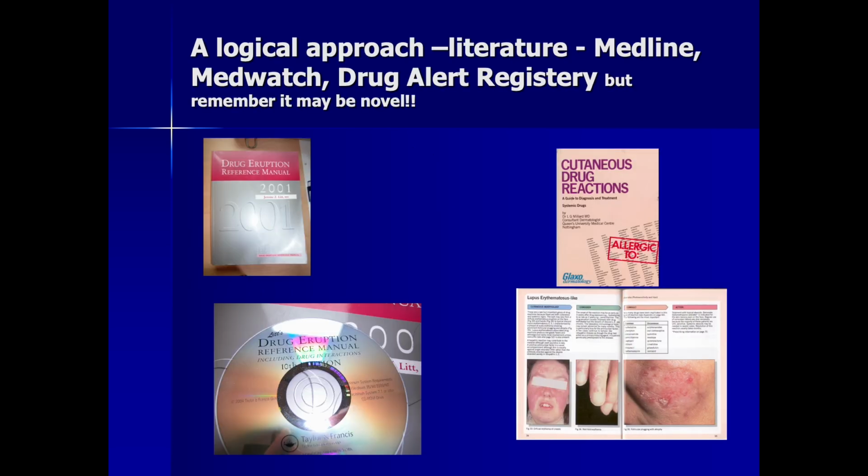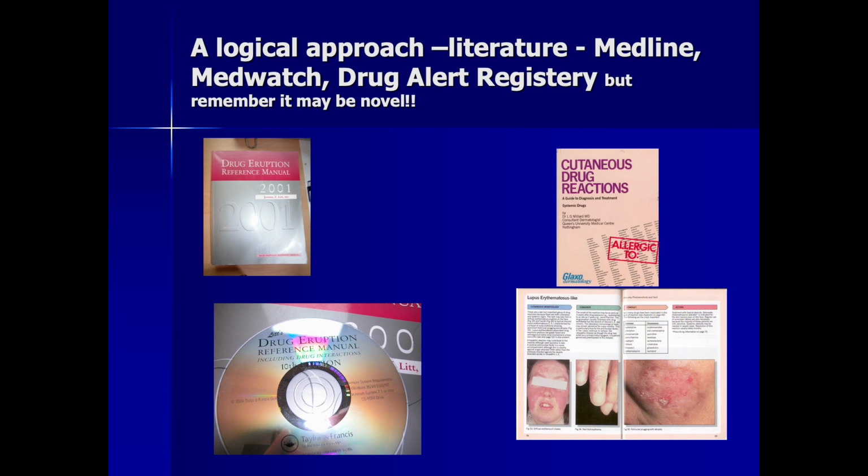Obviously, it's useful to consult the literature. There's a very good book which is also now available online called LITS, Drug Eruption Reference Manual. This basically indicates for almost every drug what kind of reaction patterns have been reported in the past, and are they likely to be common, infrequent, or exceedingly uncommon.